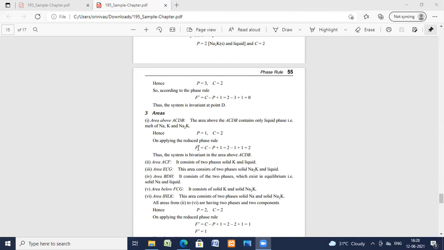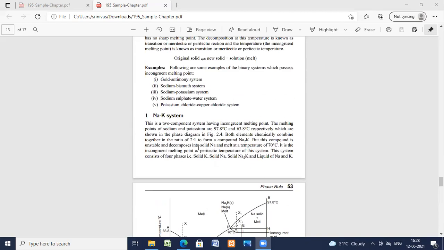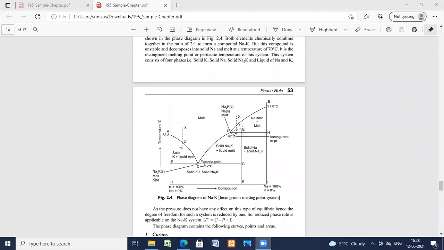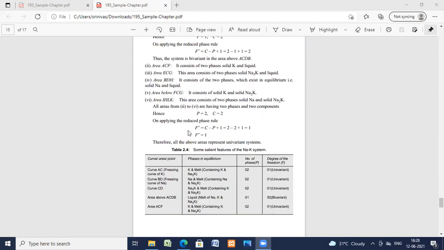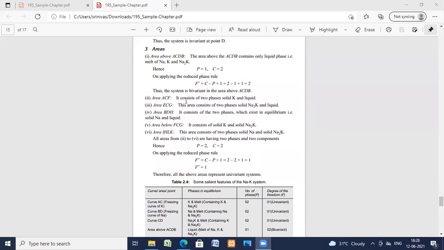Now for area ACF and area ECG, we will see. ACF consists of two phases, solid K and liquid.